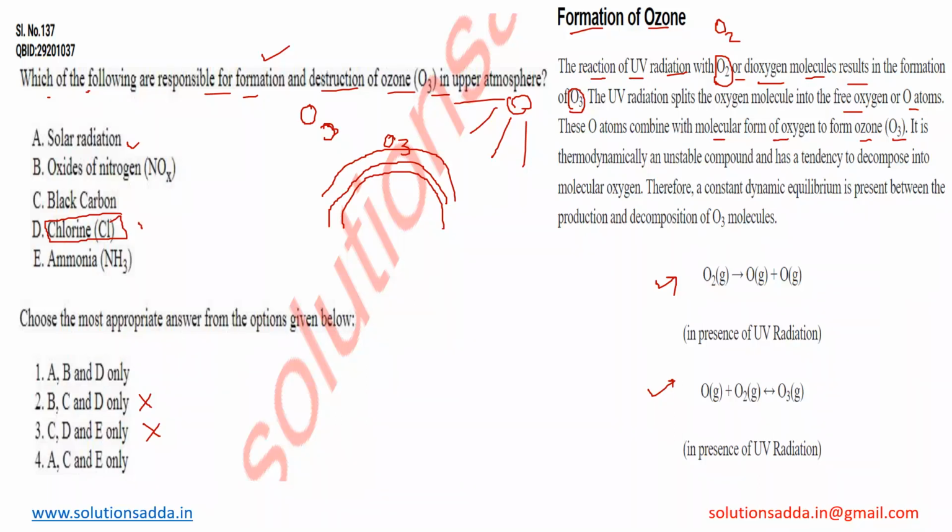So chlorine is one of the crucial parts which we cannot ignore from these options. The option which contains chlorine, like D, is contained by the first option only, so we can eliminate the fourth option as well. So the correct option for this particular question will be option number 1.